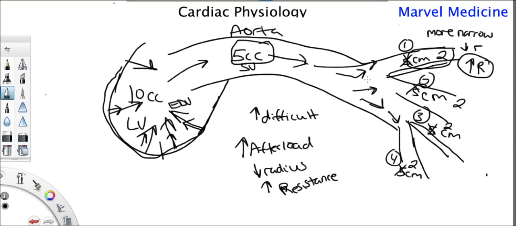Since I increased the afterload, it's really difficult for the ventricle to send the blood out. So it works really hard. It contracts a lot stronger now to send the same amount of blood out. If it's contracting stronger, it has more contractility.